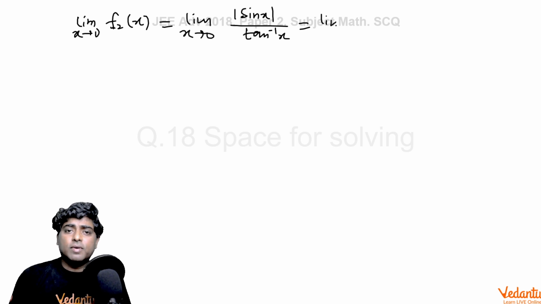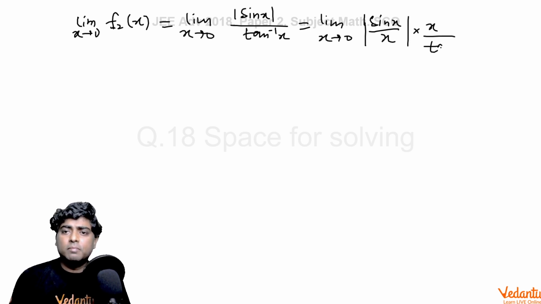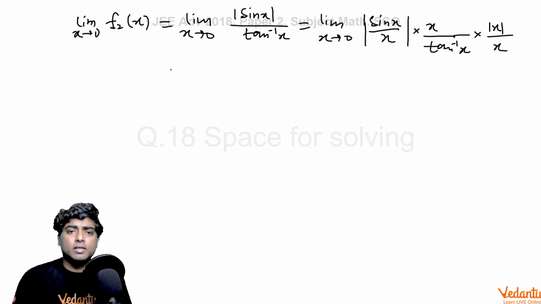So if you find this limit now, if I'm writing the standard one, mod sin x by x, and x upon making standard limits here, I will have to write mod x in the numerator, x in denominator. Again I am getting 1 into 1, sin x, sin theta by theta, mod 1.